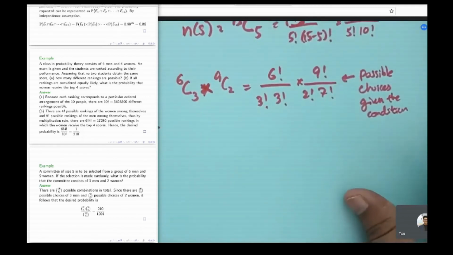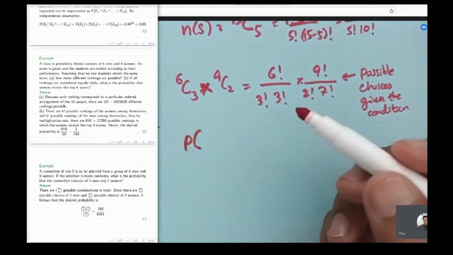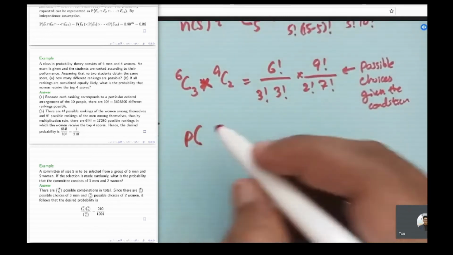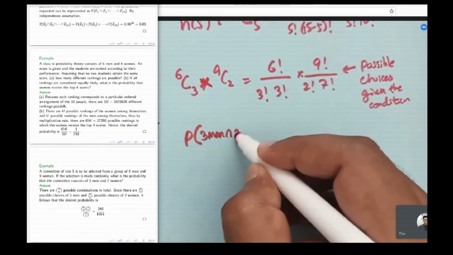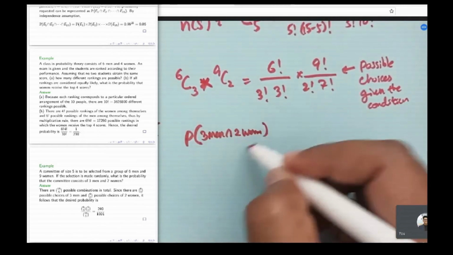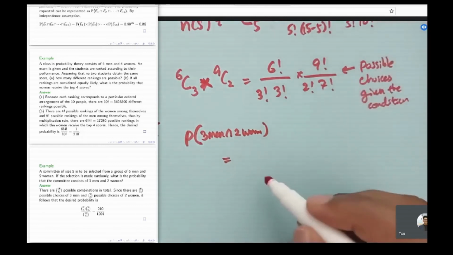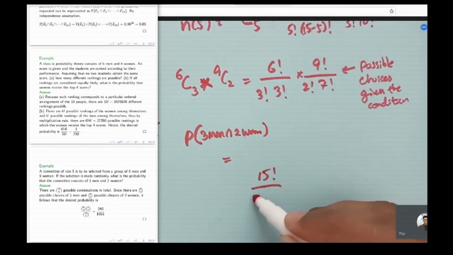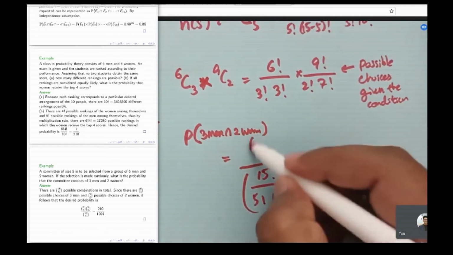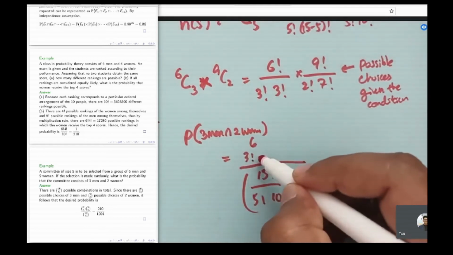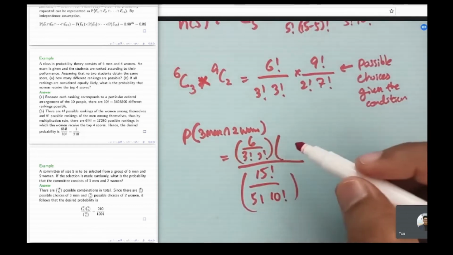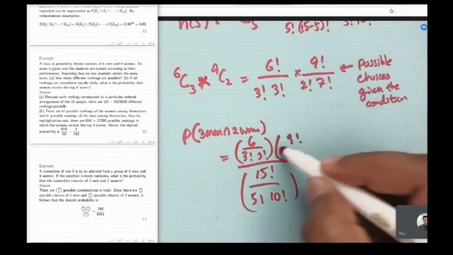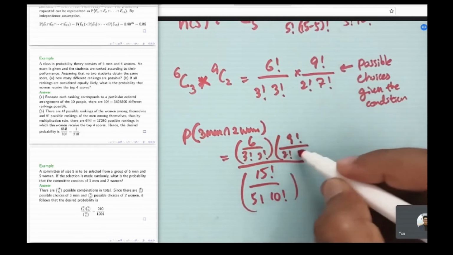So the probability of 3 men and 2 women is going to have, at the bottom, the total number of all possible outcomes, and then you have 3 out of the 6 and 2 out of the 9.